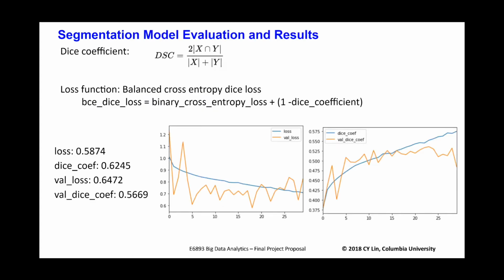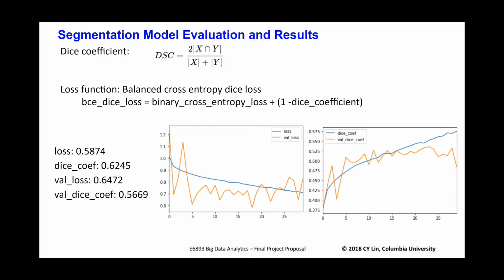To evaluate our segmentation model, we use the dice coefficient. This shows the similarity between our predicted pixels and the ground truth. We applied balanced cross-entropy dice loss as our loss function for the UNet, and this is the equation.